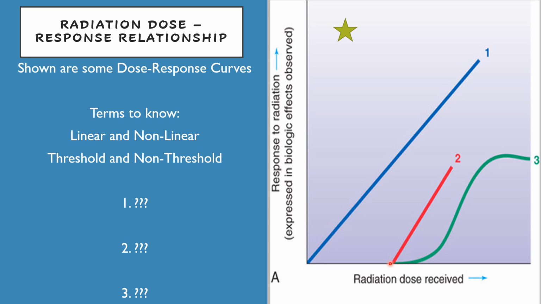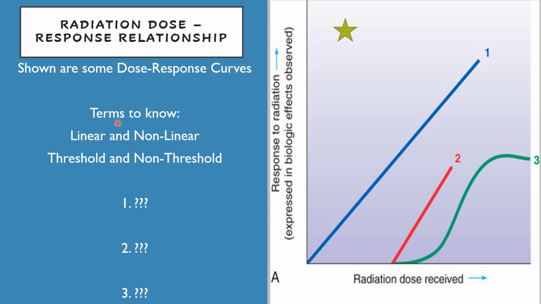Line number 2 shows that you have to have a certain dose to have a response. And this curved one is also, you have to have a certain dose to have a response, but in this case, the reaction kind of fluctuates right here. Kind of like a bell curve.